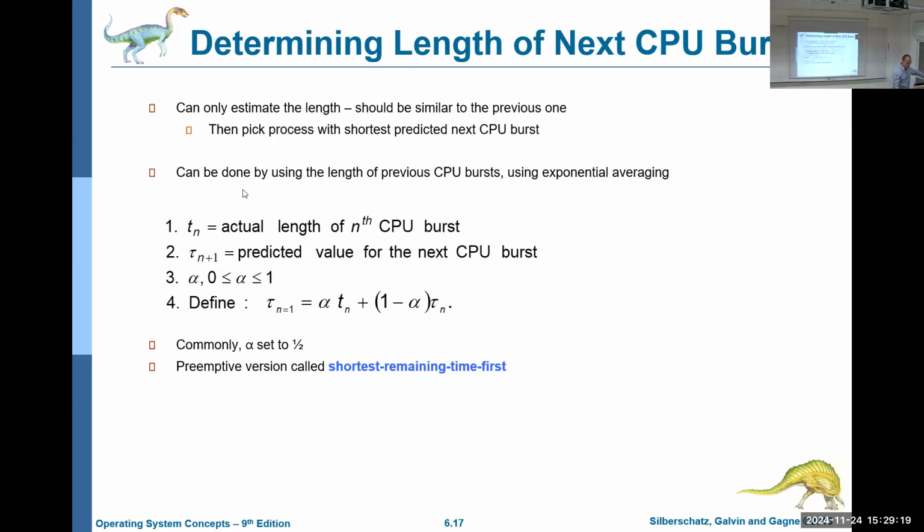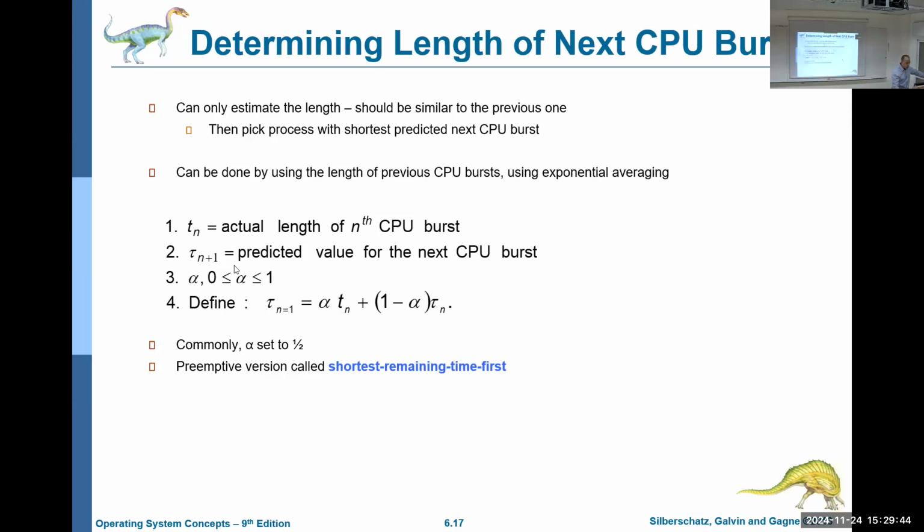The next one is equal to the previous reality times some percent plus the previous prediction times some percent. We call this an exponential averaging. It's also a kind of weighted average, where the weight is the alpha.